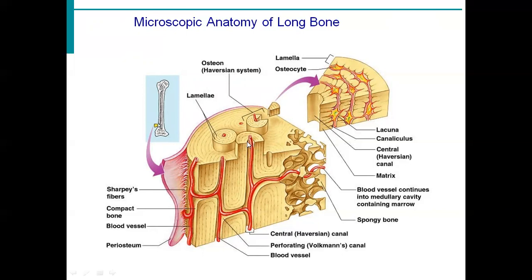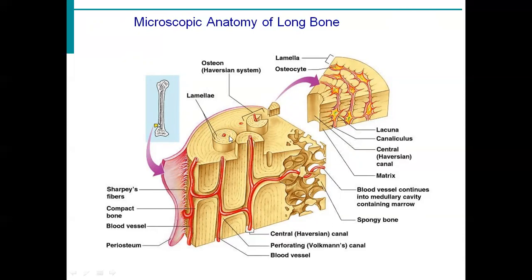Surrounded by this central canal, a specific radius structure is developed. A single layer of this radius is called lamella. In single form, this is called lamella, and in plural, this is called lamellae.